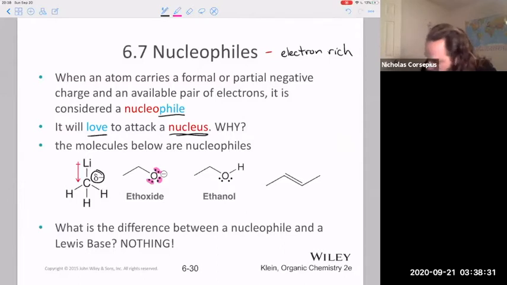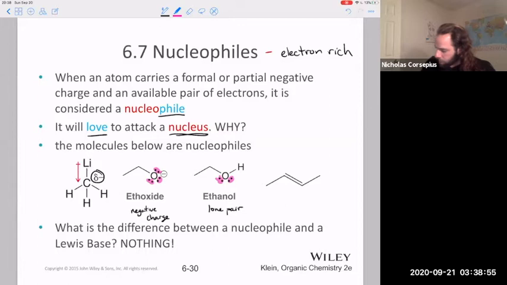Another example, negative charge, as well as just lone pairs. So again, my nucleophile here would be oxygen because of these lone pairs here. We're going to see alcohol groups and oxygen and water playing the role of a nucleophile.